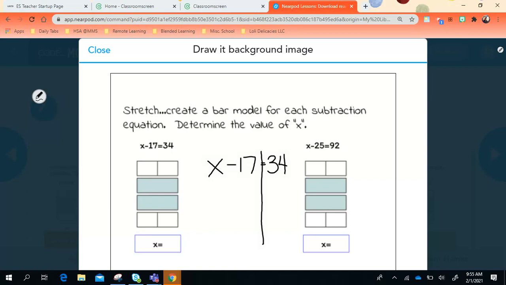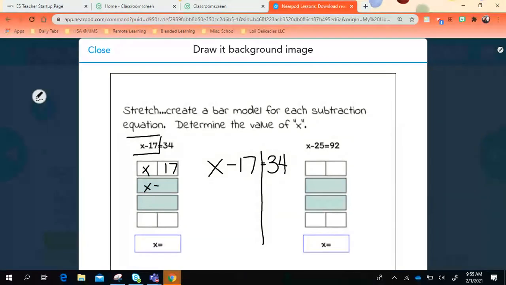Okay, so some of you got it, some of you are a little bit stuck. So remember, I need your eyes up here, even if you are not finished, because the only way I can make sure you understand is if you're paying attention. Remember, this part goes here. So I have x and 17.